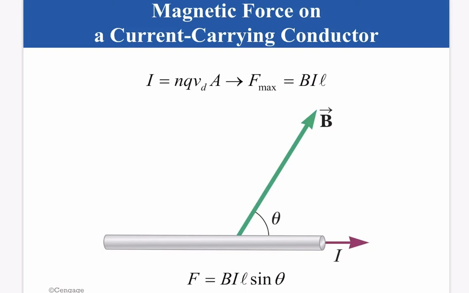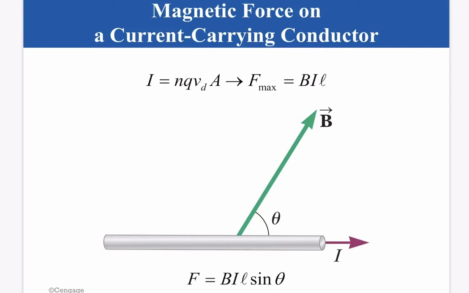In this case, you must place finger number 2 in the direction of the positive current I rather than in the direction of v. The thumb, which is finger number 1, points in the direction of force.